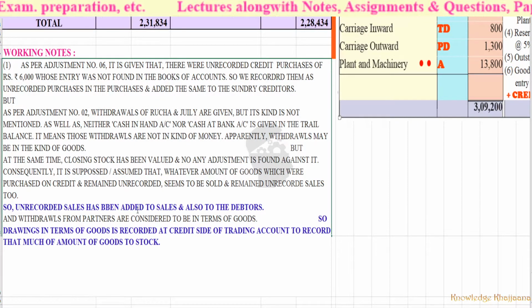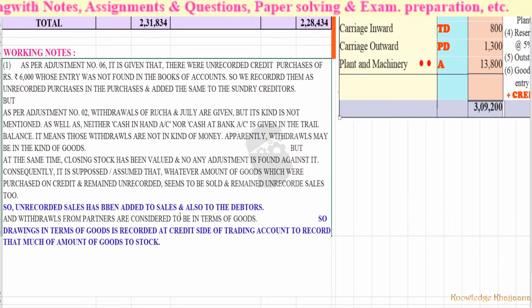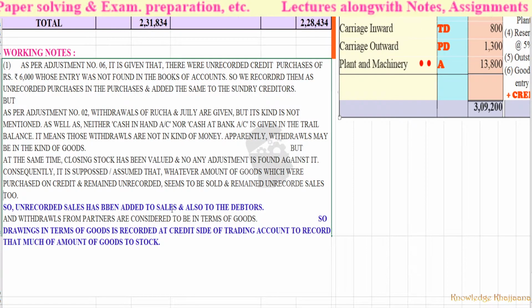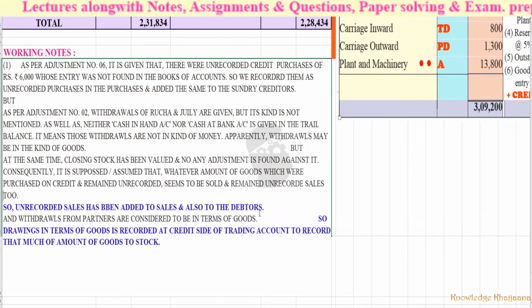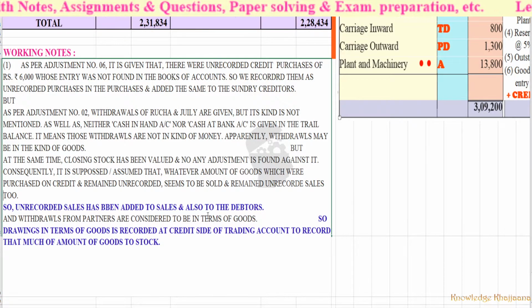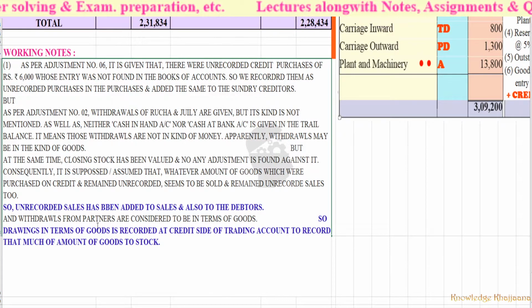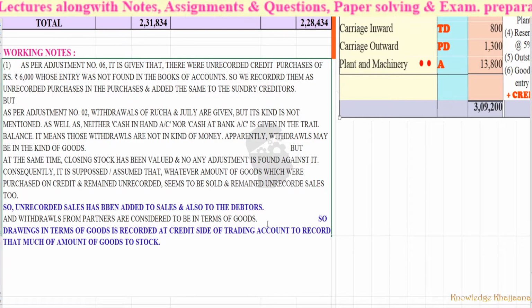And that much of amount was neither there in a cash in hand account nor cash at bank account. So those must be the credit sales. As credit sales generated, it means debtors got generated. So we have to record that much amount to the debtors also. And withdrawals by partners are assumed to be in terms of goods.